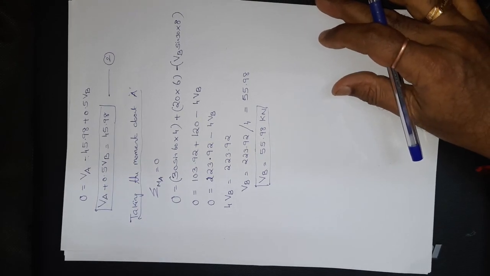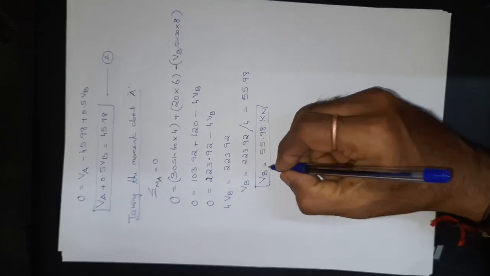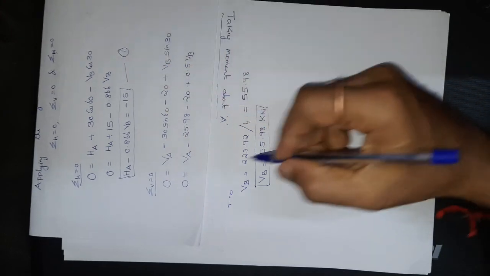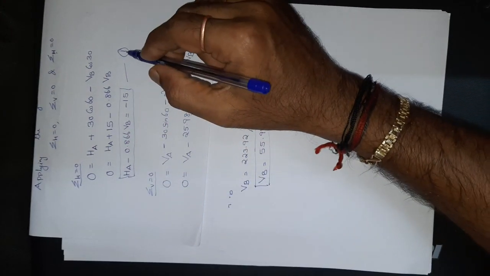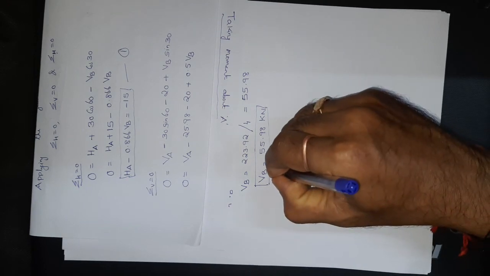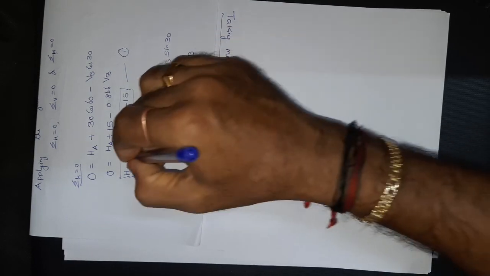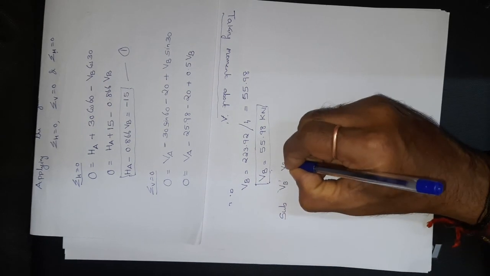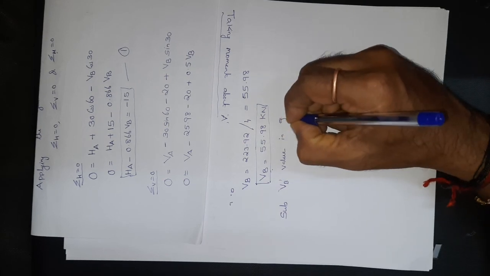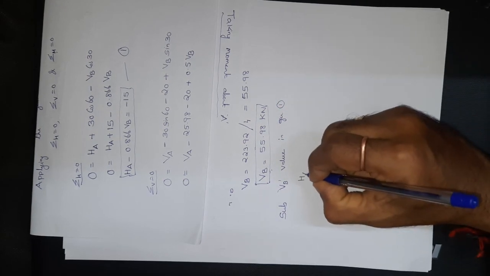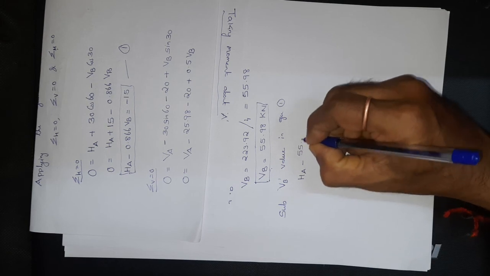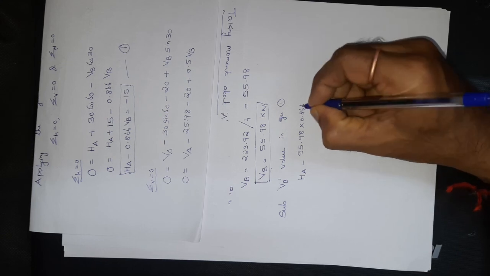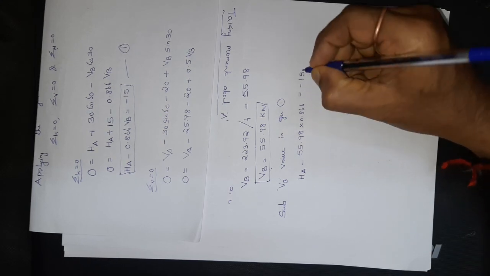Now I am going to substitute this value in equation number 1. So here two unknowns are there as far as equation number 1 is concerned. VB has been arrived at here, so I am going to substitute this value in equation number 1. So substituting VB value in equation 1. So HA minus 55.98 into 0.866 equal to minus 15.